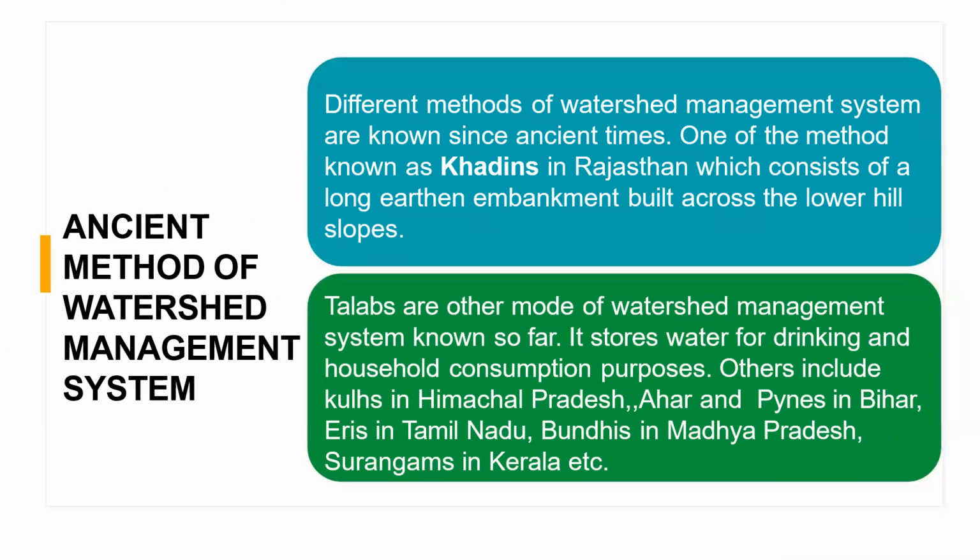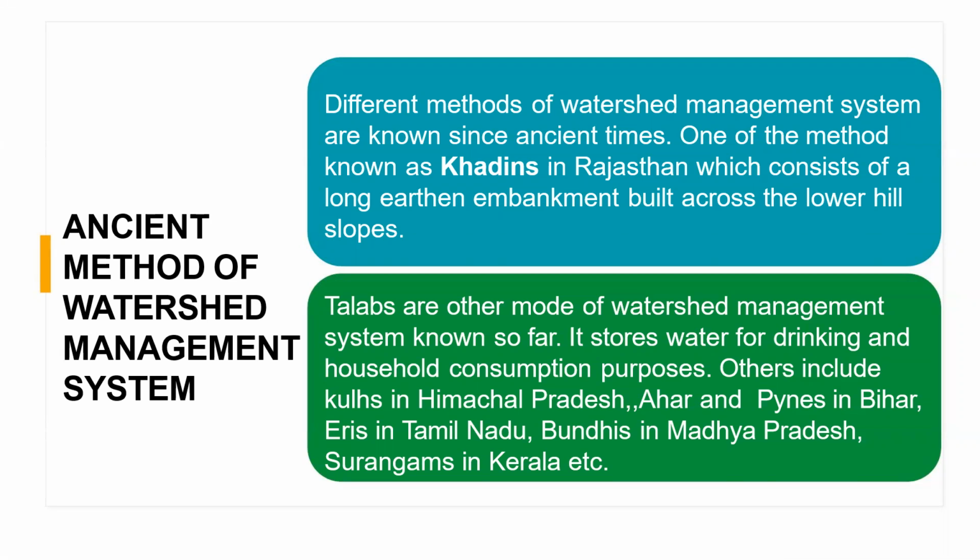Ancient methods of watershed management systems. So we have different methods of watershed management systems which have been known since ancient times, that is the khadins in Rajasthan, which consist of a long earthen embankment built across the lower hill slopes. Next we have talabs, which are another mode of watershed management system known so far.